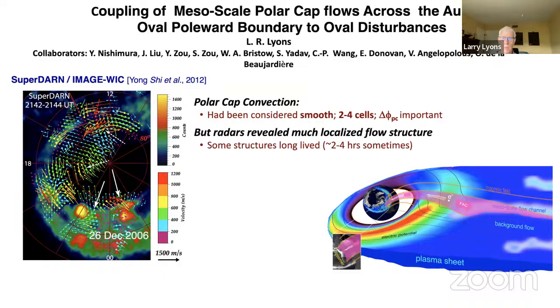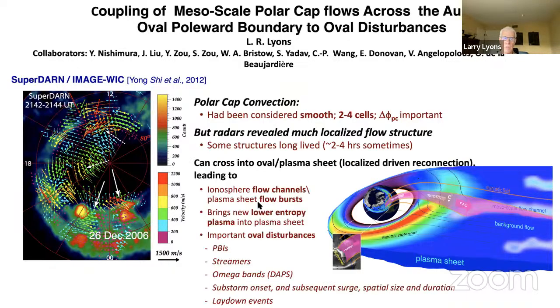And that was all. But then we learned much more that the polar cap really had lots of localized flow structures. Some structures are short-lived, some structures are long-lived, and that they lead to what we call ionospheric flow channels, which is equivalent to plasma sheet flow bursts.